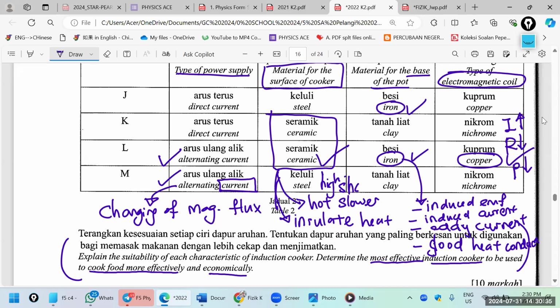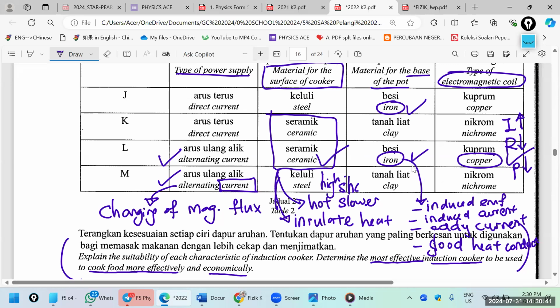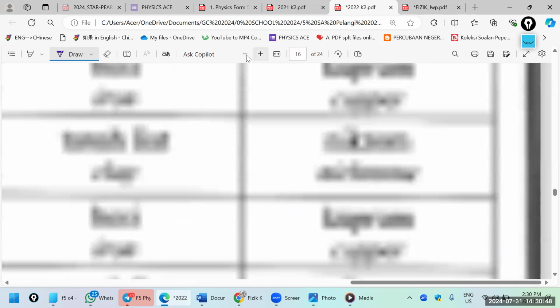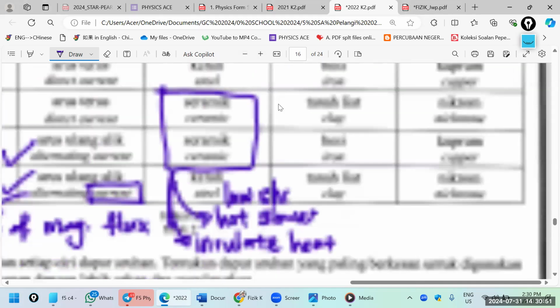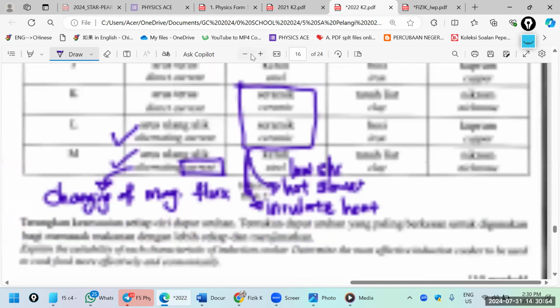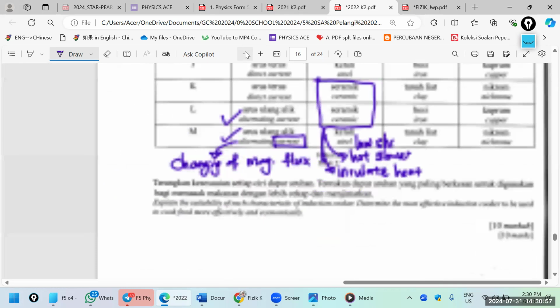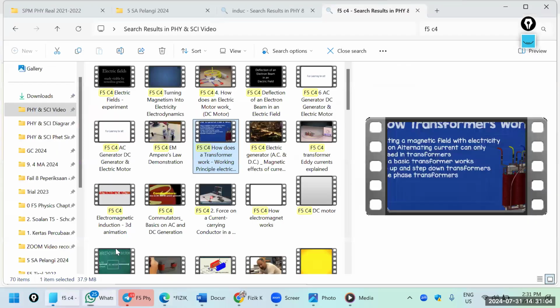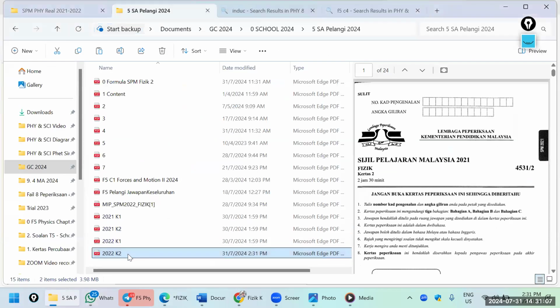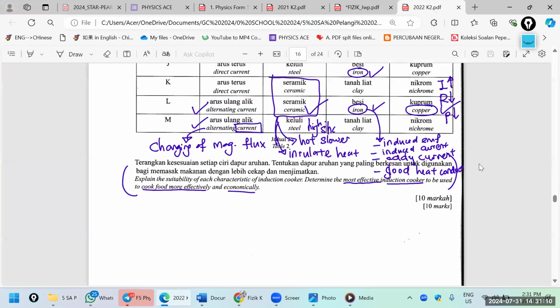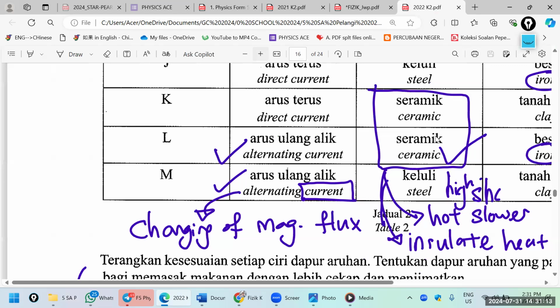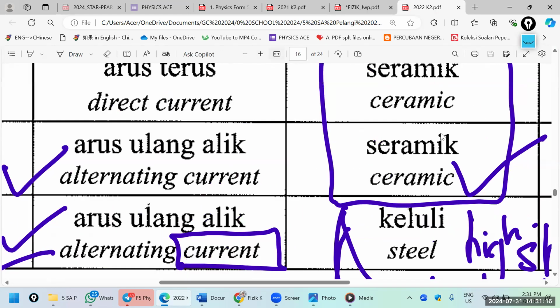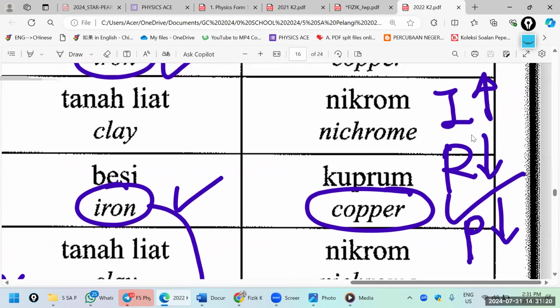I just write the short form. Yeah, more current flow. Okay, low resistance, more current.